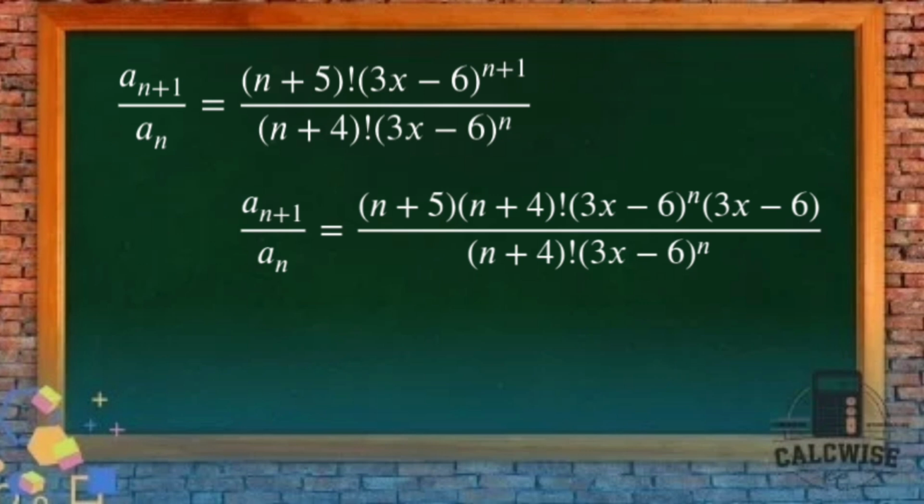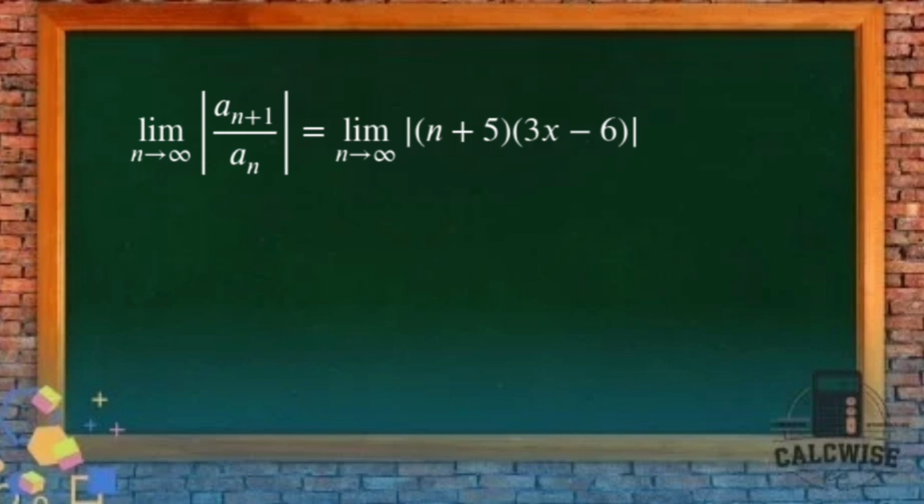Then copy the denominator, (n plus 4)! (3x minus 6)^n. And we're going to cancel out (n plus 4)! and (3x minus 6)^n. And then we're left with n plus 5 times 3x minus 6.